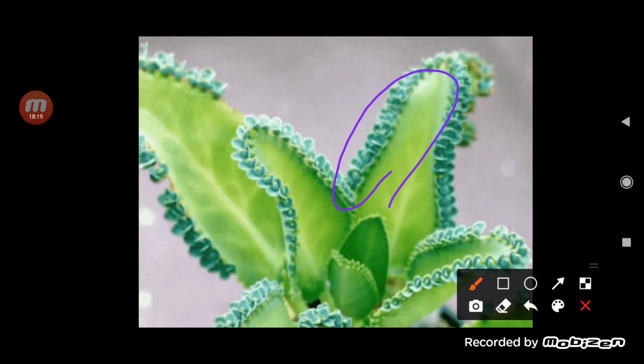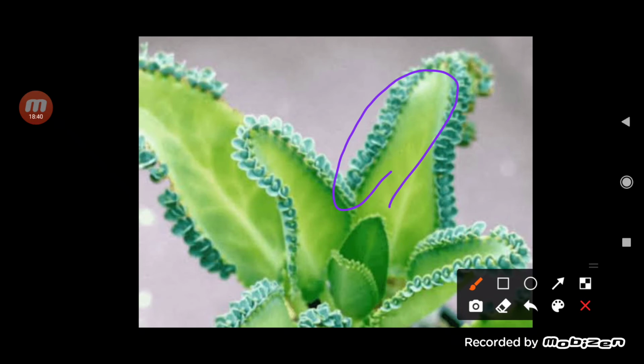So the leaves of the plant can produce a new plant. There are different plants also, students, but yes, bryophyllum consists of buds present at the edges, at the margin, that will grow and develop into a new plant.